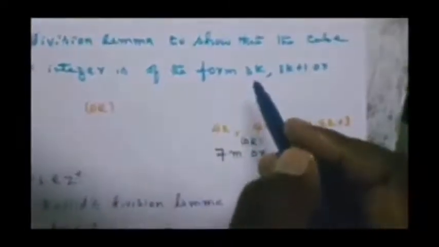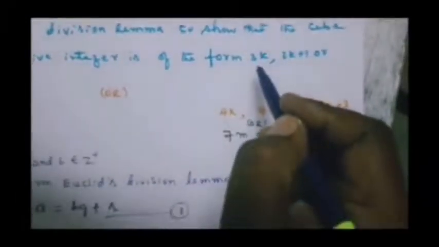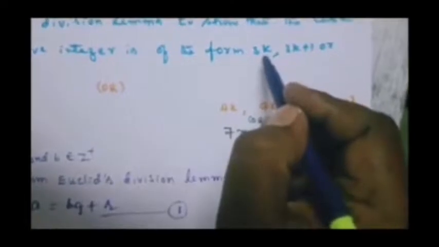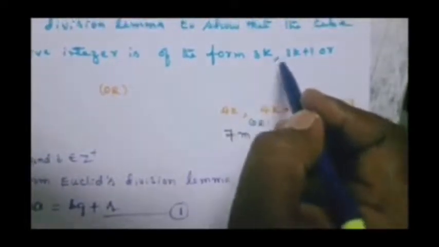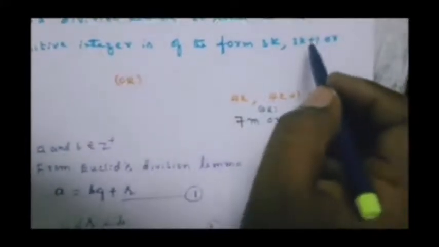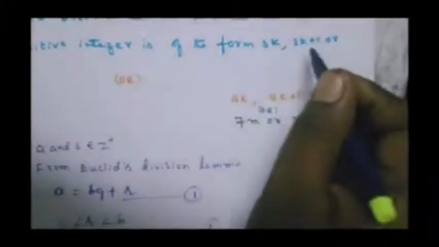What is the question? You need to show the cube of any positive integer is of the form 3k, 3k plus 1 or 3k plus 2. If you compare bq plus r with 3k plus 1, what is the b value? Let b equal 3.